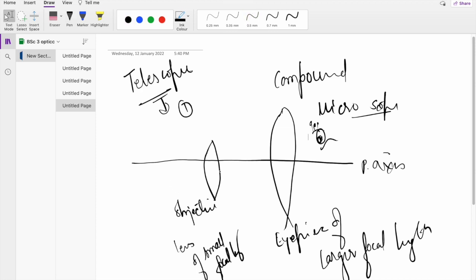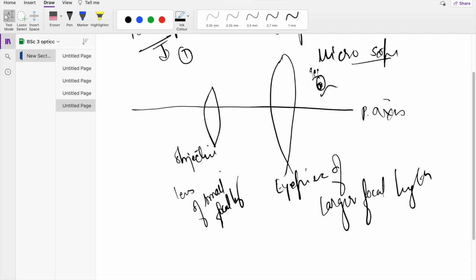If we recall, the magnifying power for a compound microscope is denoted by capital M, which is M0 into ME.